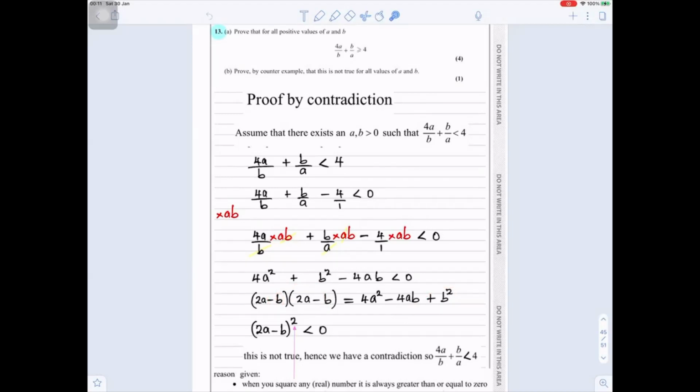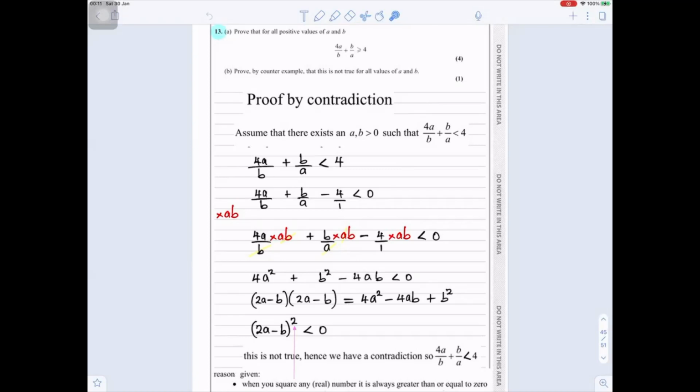So what we can conclude here is that when you subtract some numbers and square it, when you square any real number, it is always greater than or equal to 0. You cannot square a number and get something which is less than 0.